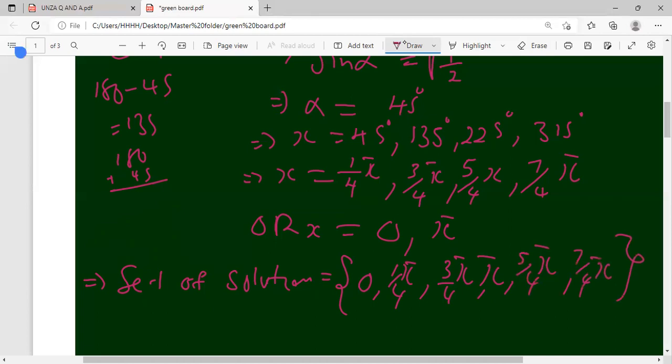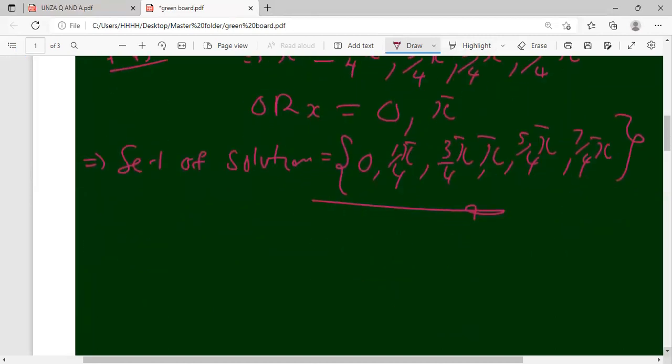So this is the set of possible solutions. All right, so this is what you're supposed to do, okay?